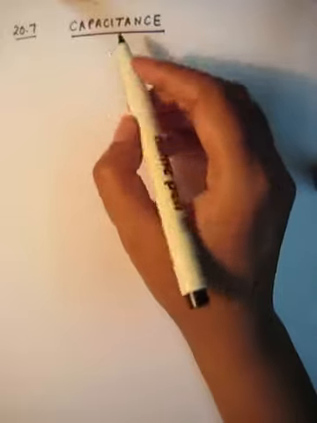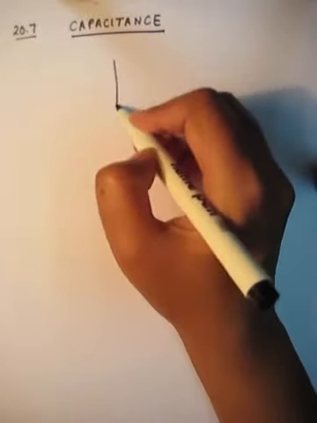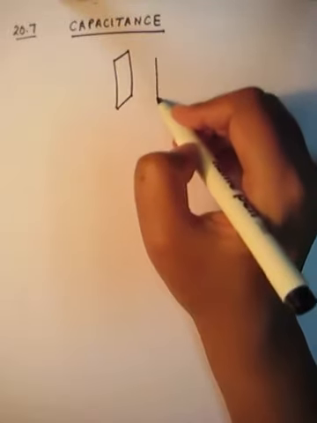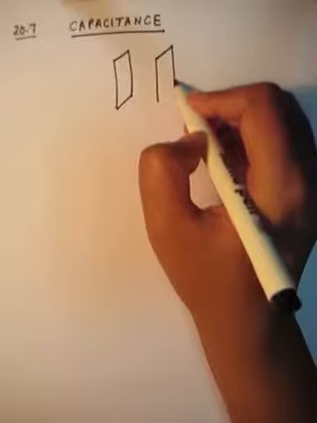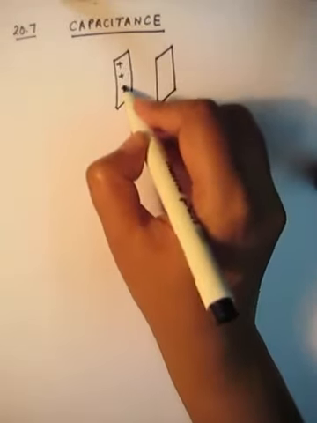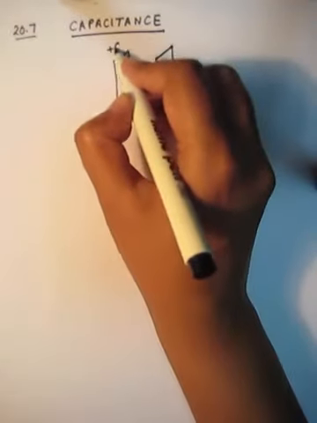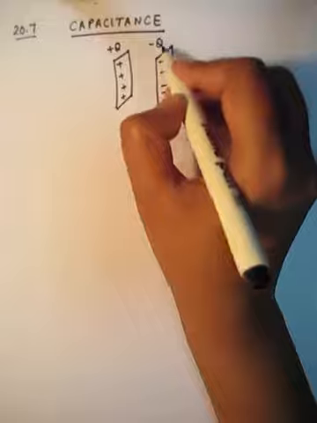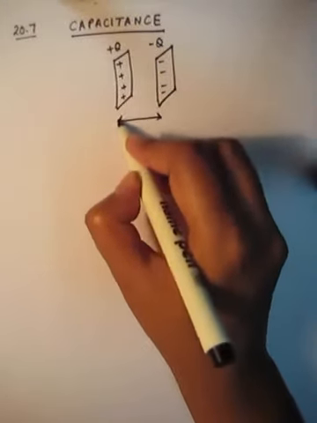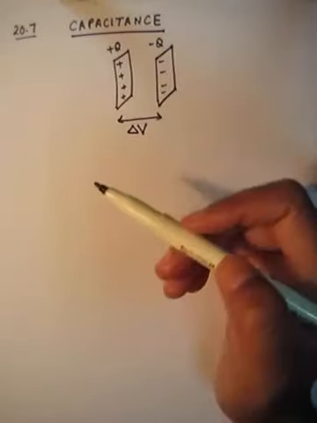Suppose you have a metallic plate, and there's another metallic plate. If one is positively charged with a charge of plus Q, and the other is negatively charged with a charge of minus Q, and the potential difference between these two plates is delta V, then this is called a capacitor.